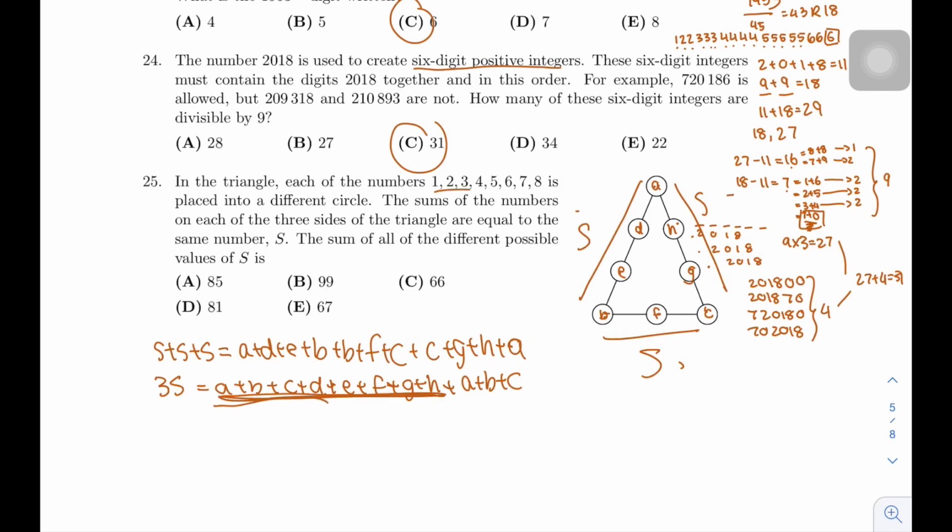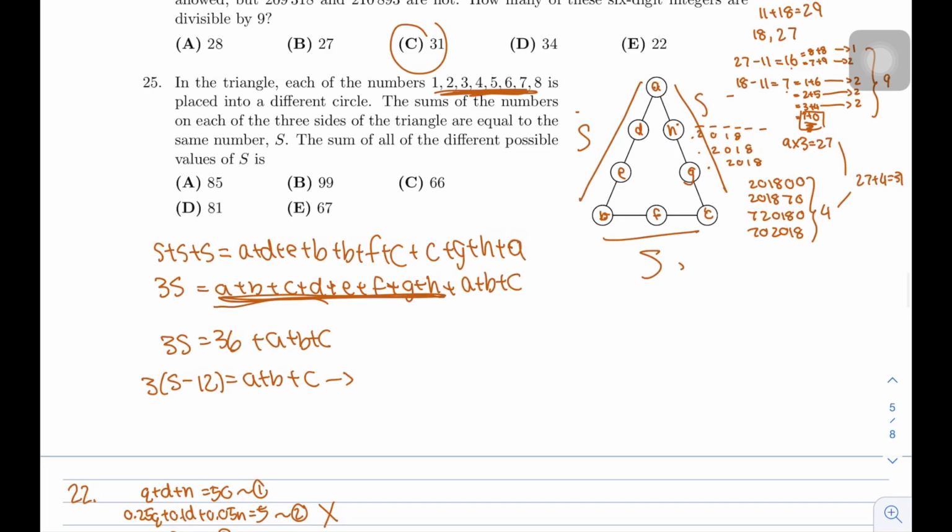And from this, you know that each one of these has to be one of 1, 2, 3, 4, 5, 6, 7, 8, so you can just add them as a total. So 3S equals 36 plus A plus B plus C. Simplifying the equation, you get 3S minus 36 equals A plus B plus C. And from this, you know that this must be divisible by 3 because of this.